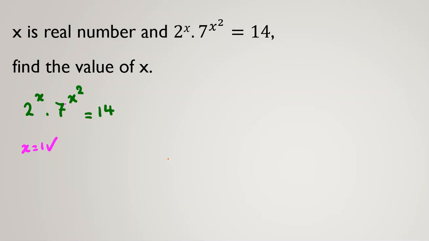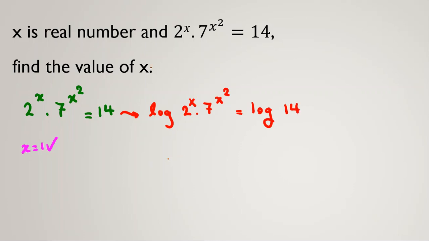One important and the most useful way is to take a log from both sides. So if we take a log from both sides, then I have log of 2 to the x times 7 to the x squared equal to log 14.